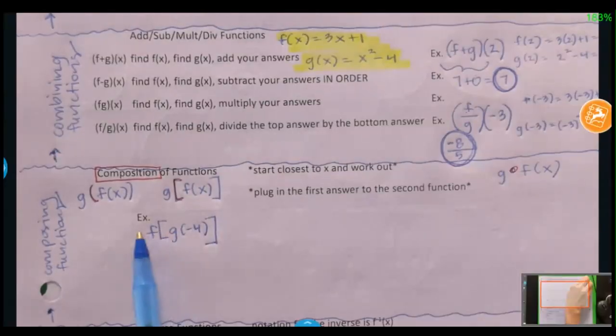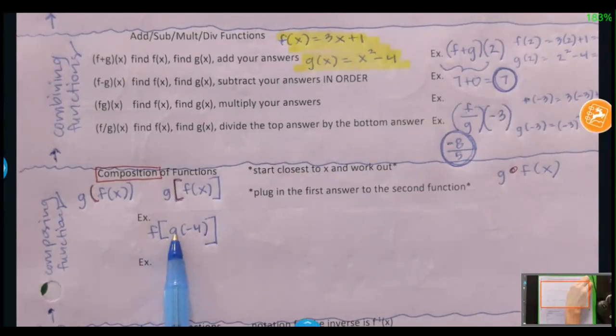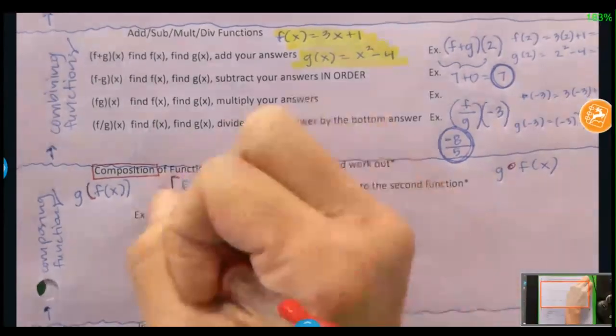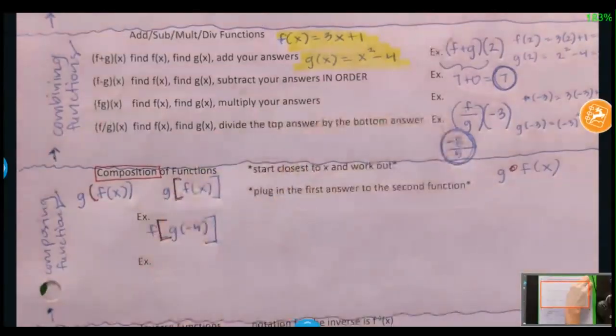That's not the same as if I had put G in front and F in the middle. That would have been a different problem. But what I said, I made this up with the help of Caleb. F of G of -4. This is not a multiplication because I have this bracket separating the F and the G. So it's a composition because of the bracket.